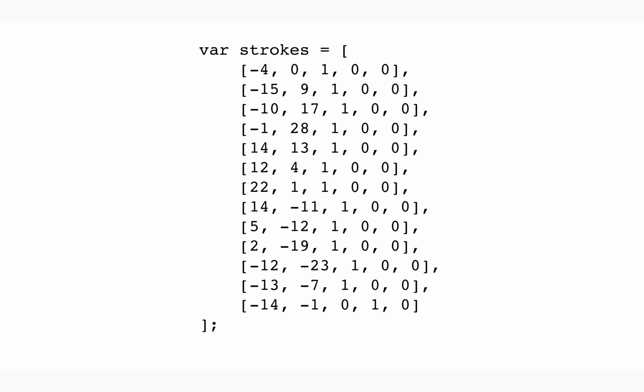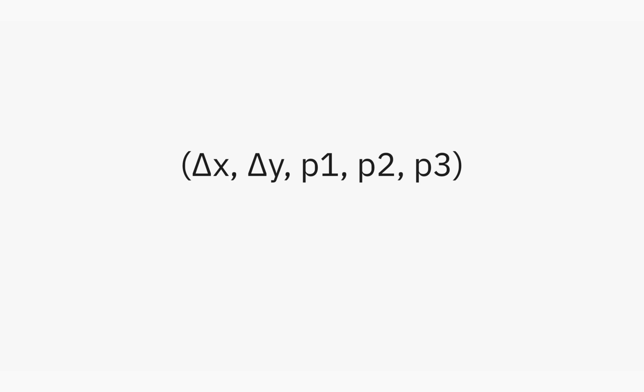Each of the points or the members of this stroke have 5 elements: delta x, delta y, and then p1, p2, and p3. Delta x is the direction of the pen from the previous point, so the difference in x coordinate. Delta y is the same but in the y direction. And then we have the other 3 elements that represent a one hot vector.